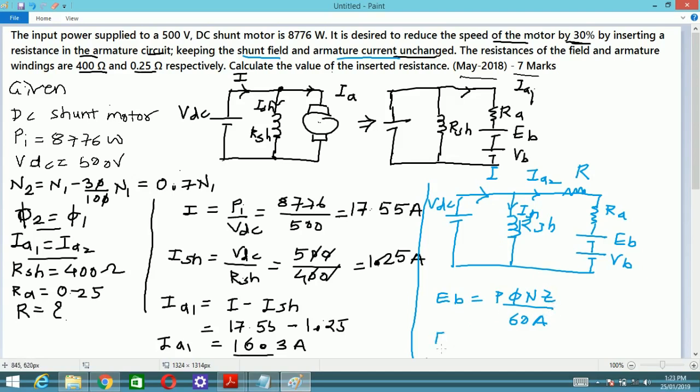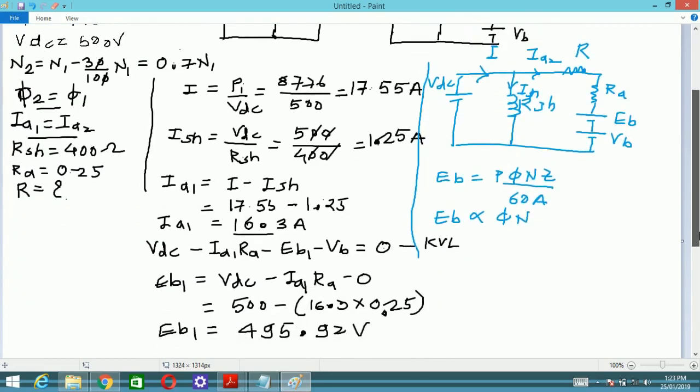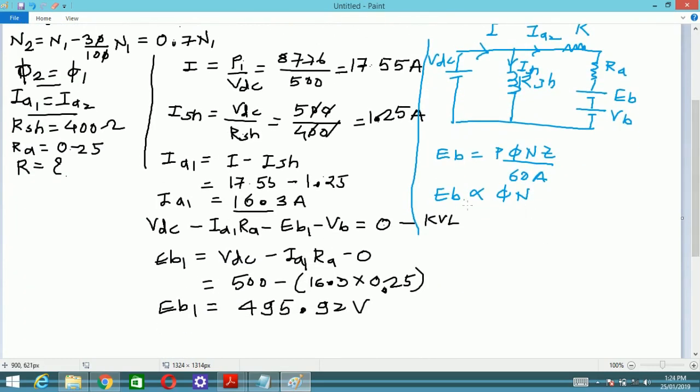So EB is directly proportional to phi multiplied by N. Here N is directly proportional to the back EMF divided by flux, but in this case the flux is constant, so N is directly proportional to the back EMF EB.